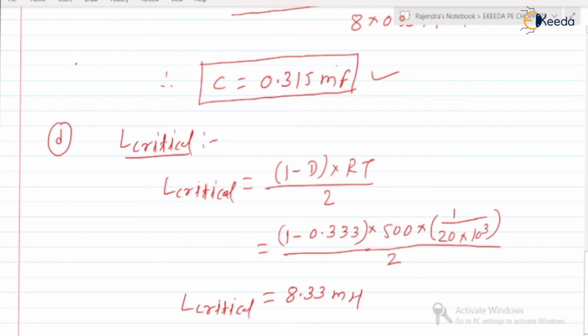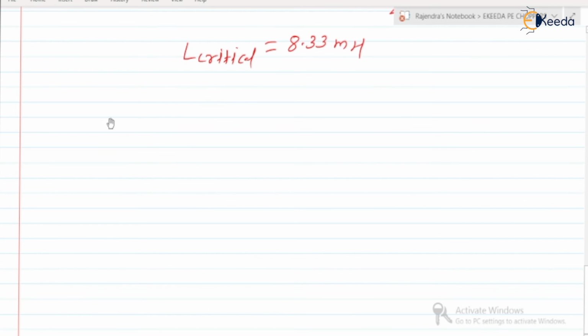Next, can we find C critical also? Yes, C critical, the critical value of capacitor, right? We have derived the expression.